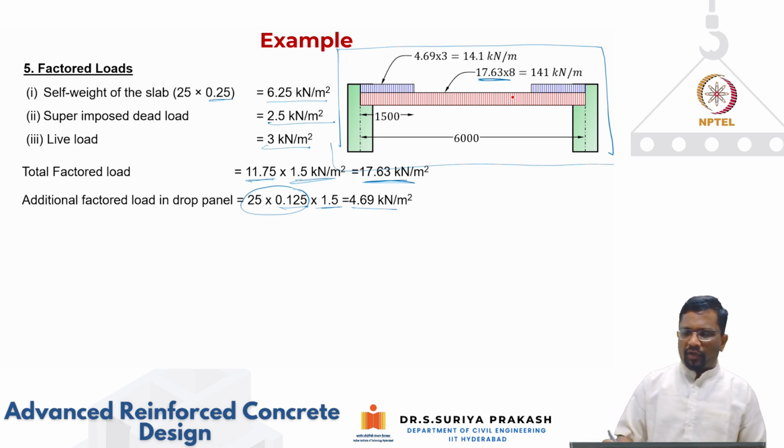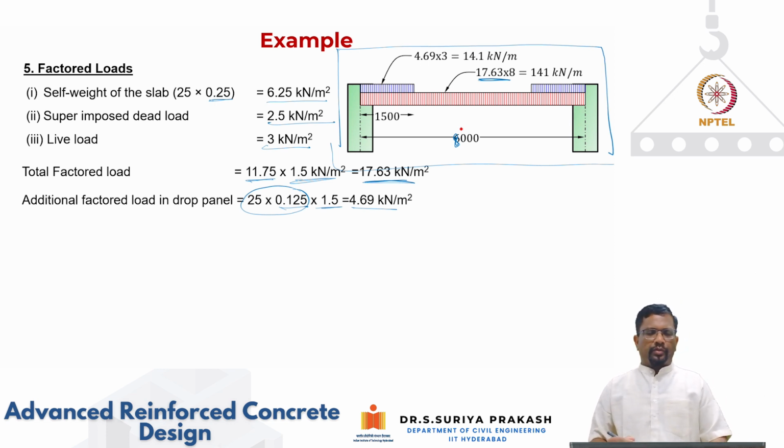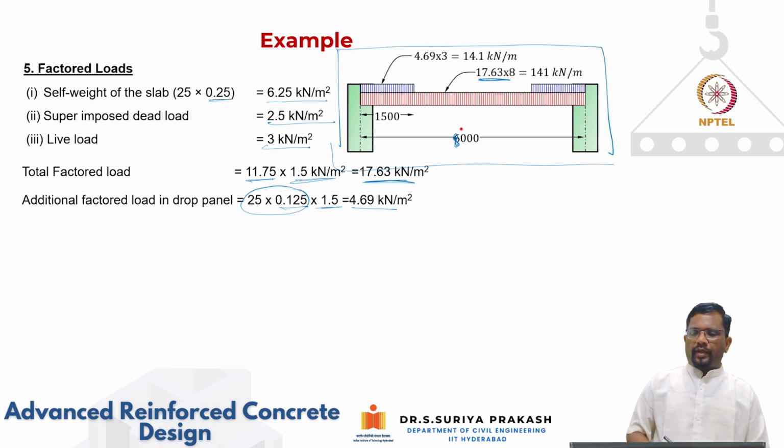This is for the longer direction. For the drop panel, 4.69 multiplied by 3 works out to be 14.1 kilonewton per meter. On either side you have 1.5, and you get this load.